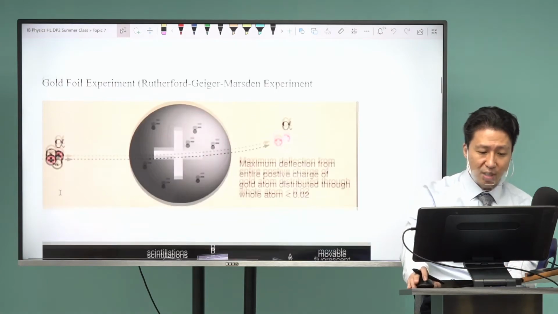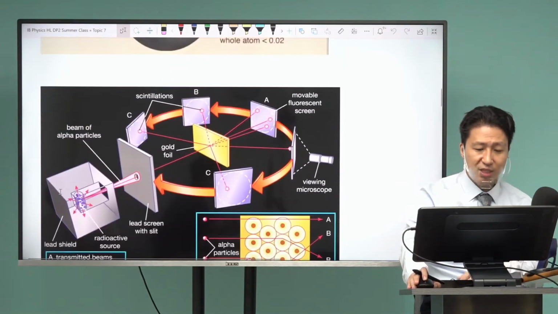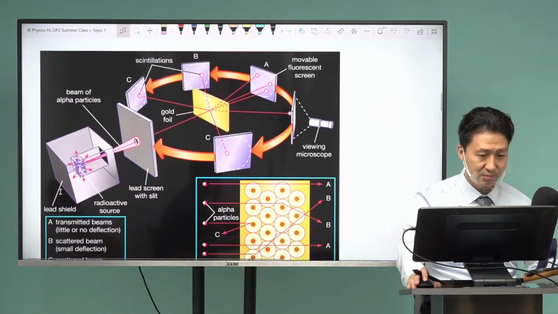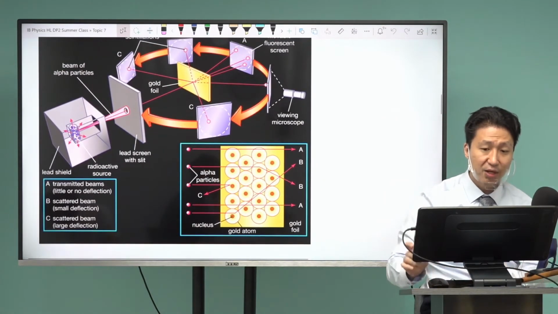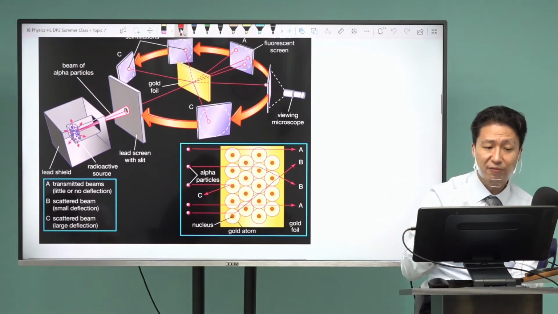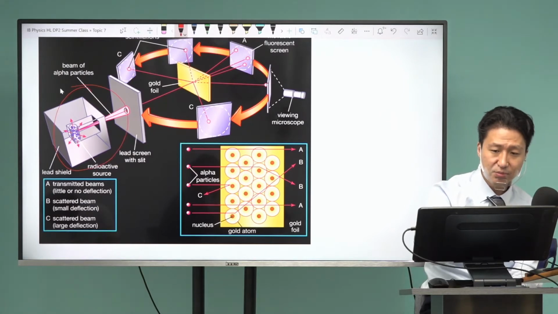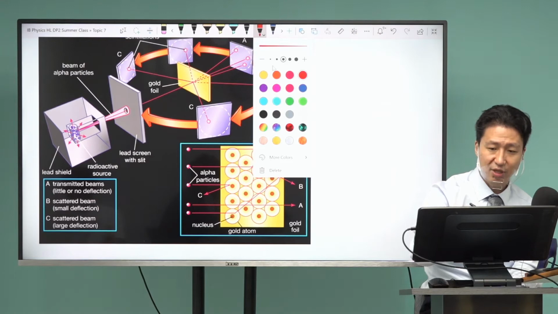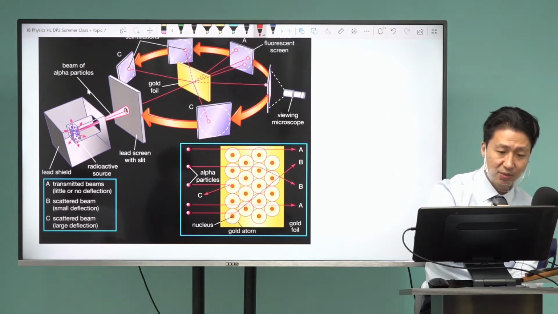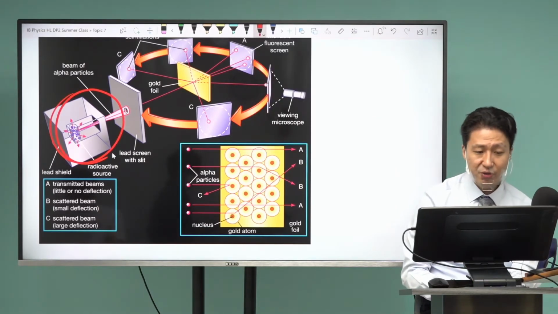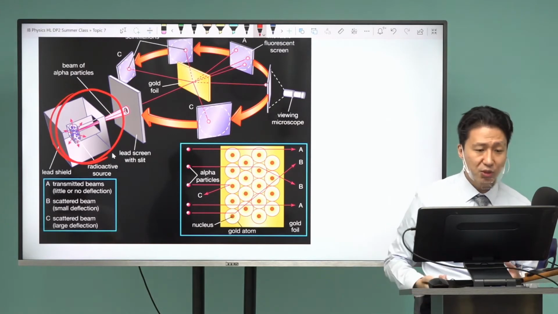So, to show you what this experiment actually looks like, there's a source of alpha particles here. Let me use a slightly thicker pen. So this source of alpha particles is normally a radioactive source.